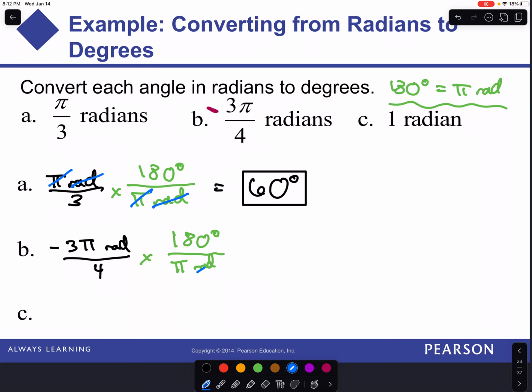The units of radians are going to cancel. Pi is going to cancel. So 45 times 3, 120 plus 15, 135. Looks like that was negative 135 degrees.